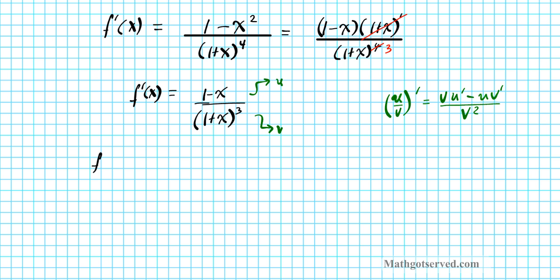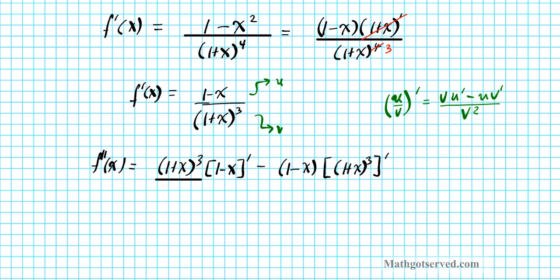So the second derivative, f double prime of x, is equal to v, which is 1 plus x to the third, times u prime, 1 minus x prime, minus u, which is quantity 1 minus x, times v prime, which is 1 plus x, quantity raised to the third, prime, divided by the denominator squared, v squared.